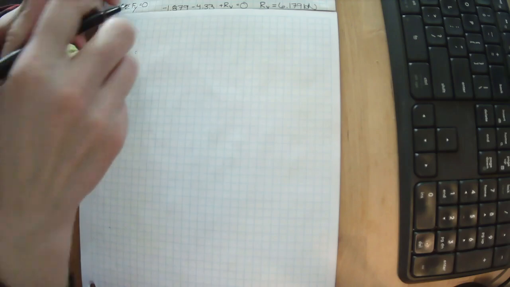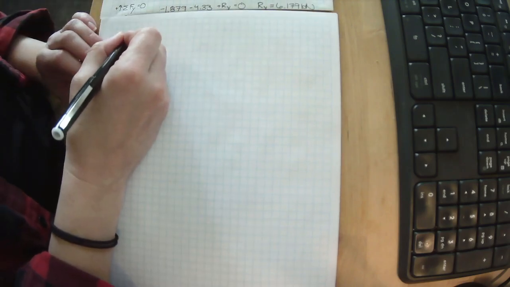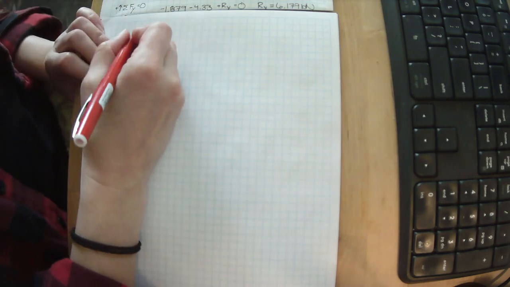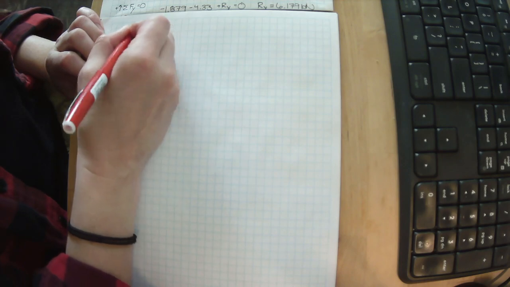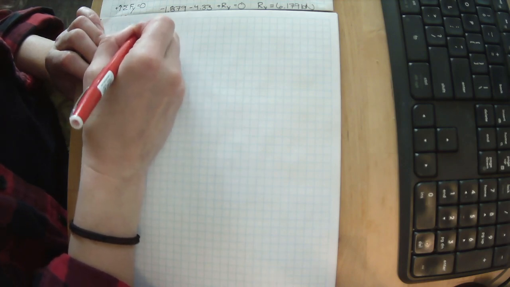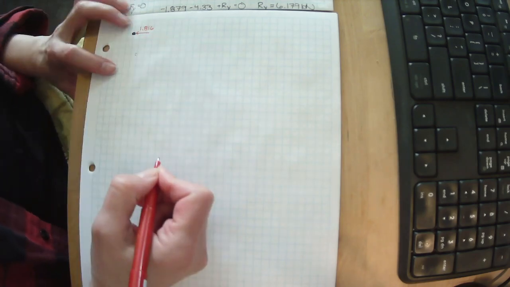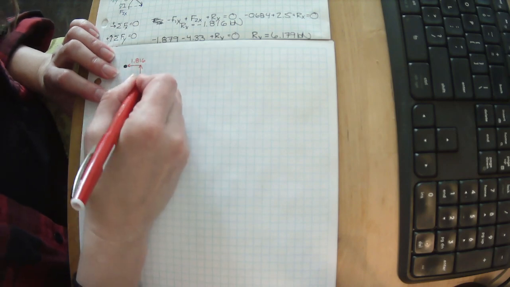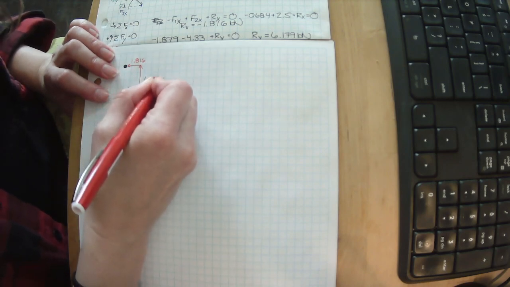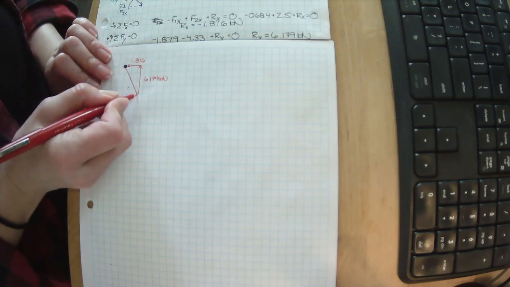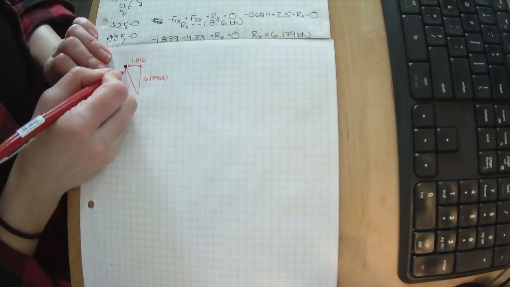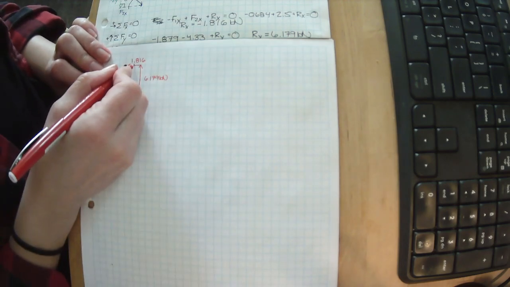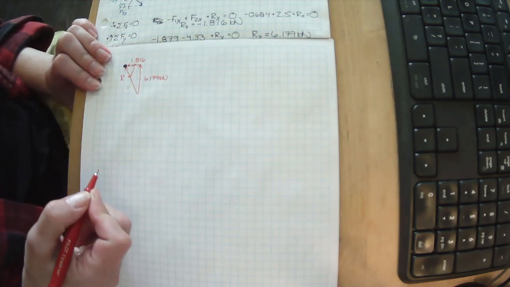Okay, so we've got our object here, and we know that we need 1.816 kilonewtons pushing in that direction. And we need 6.179 kilonewtons pushing in that direction to give us our total reaction to stop this object from moving.